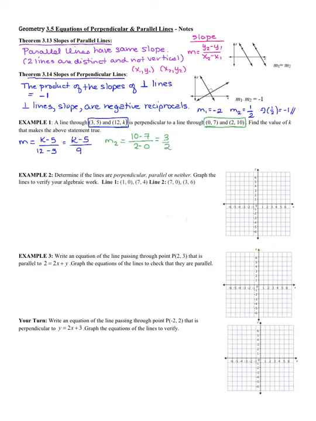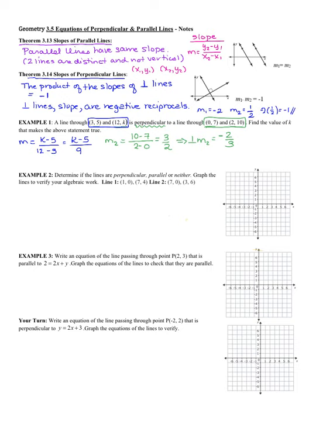Now the issue here, though, is we want it to be perpendicular to each other. So the perpendicular slope to m2 is going to equal -2/3. So now what I'm going to do is set up an equation.